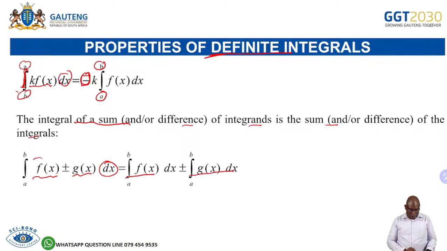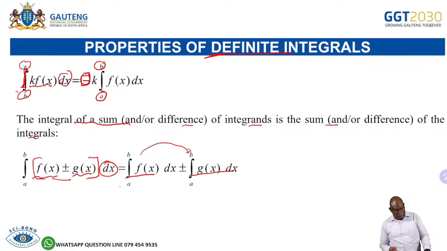So if I've got this done together, I can integrate them separately. You can see this is b, b, b, a. So you cannot swap this one over that and swap the other one to a and b. Keep them constant as it has been given.